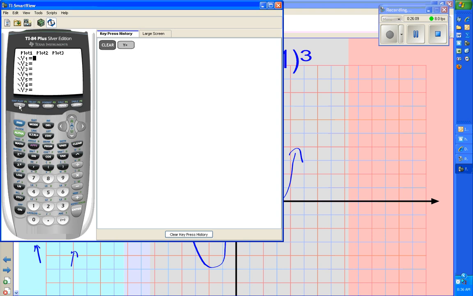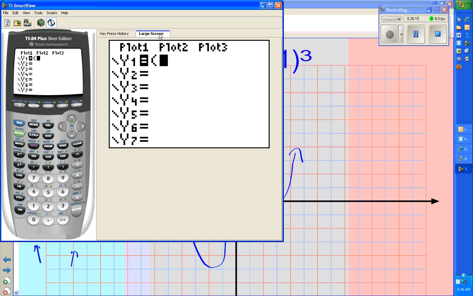So I want to give you an example first. We're going to do x minus 2 times x plus 3 squared.